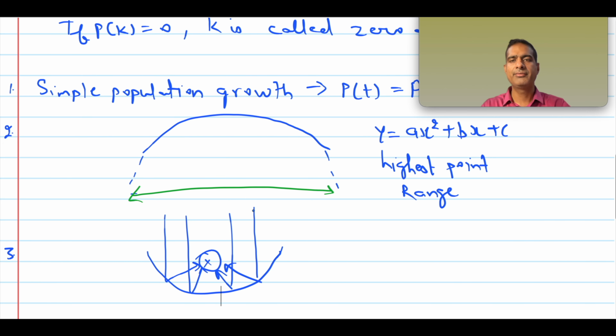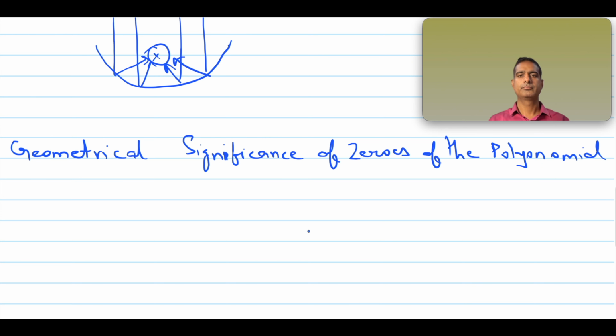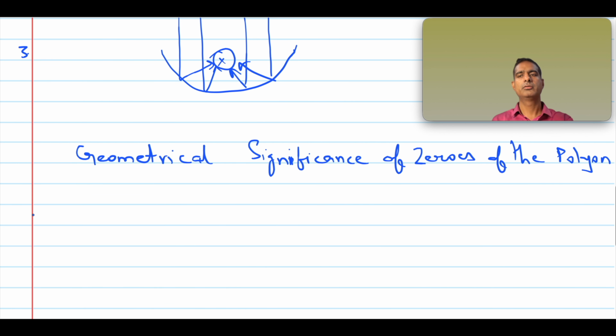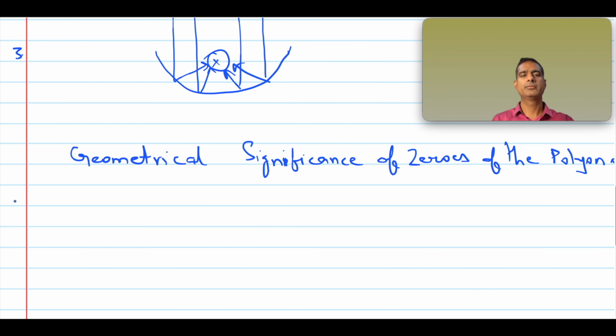So these are the benefits of studying about the polynomials. Now let us try to understand what is the geometrical significance of zeros of the polynomial. So to understand that, let us first take a linear polynomial.